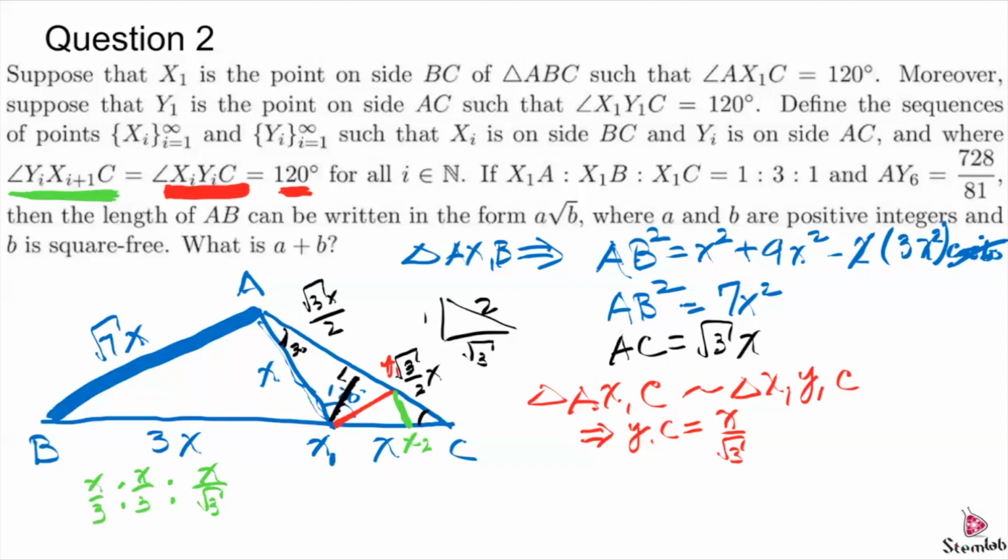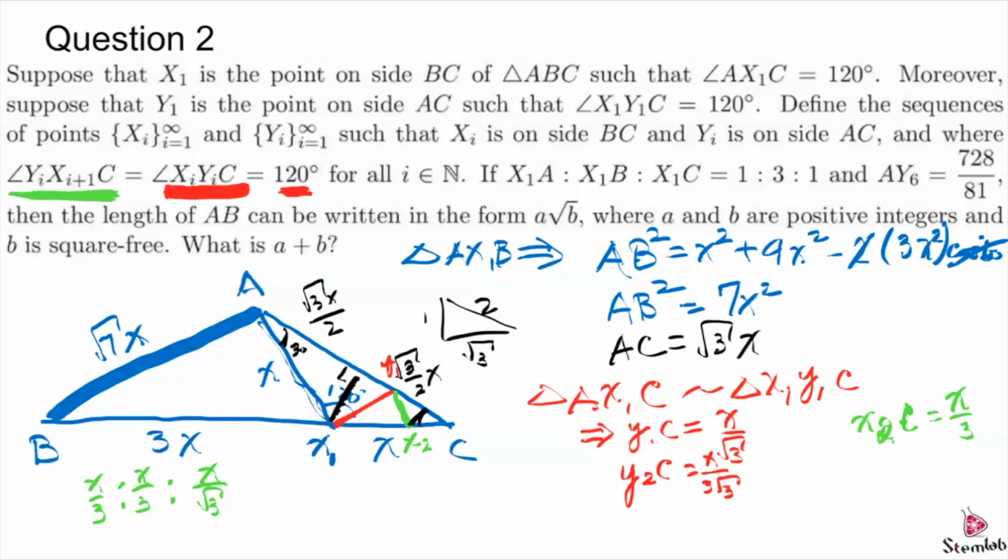So we know that x2c is x over 3. And then we repeat it again one more time, or a few more times. Now, the base is x over 3. So y sub 2 of c is x all over 3 root 3.